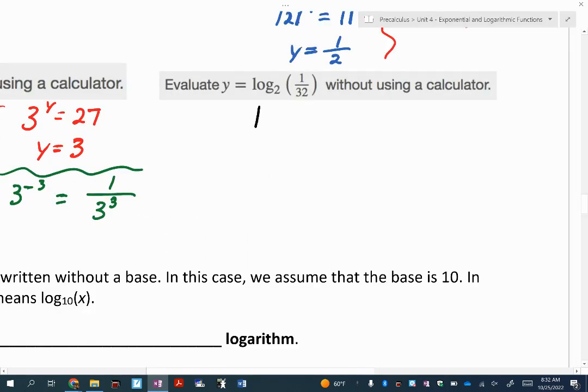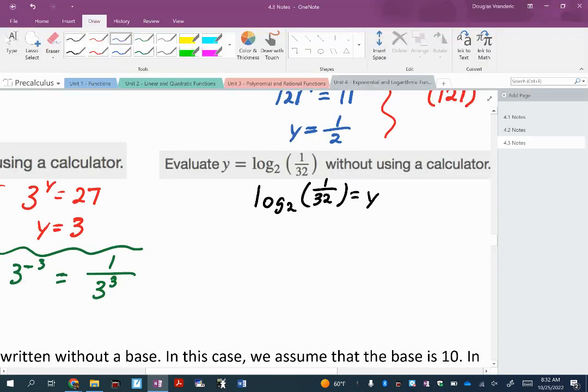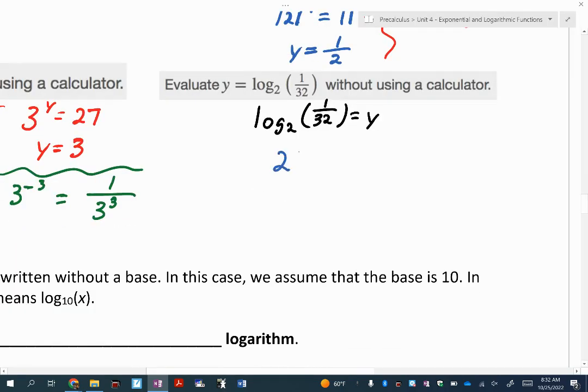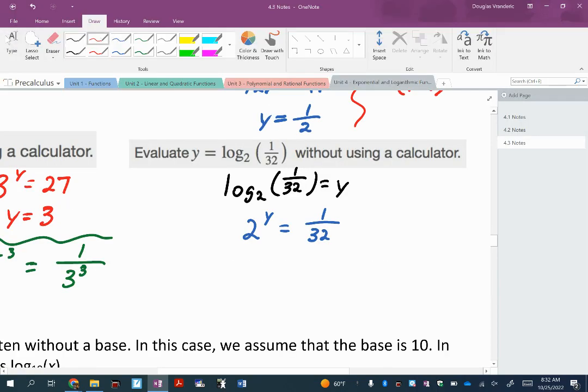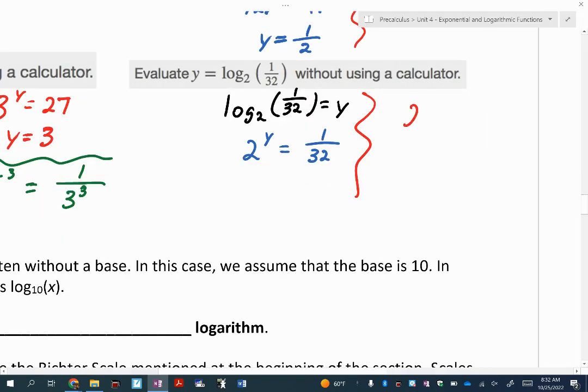So we have log base 2 of 1/32 equals y. Let's swoop it. So 2 to some power y equals 1 over 32. Now this feels very similar to the one we just did. So does your brain know 2 to what power, I'll use a question mark, would give you 32 in the numerator?